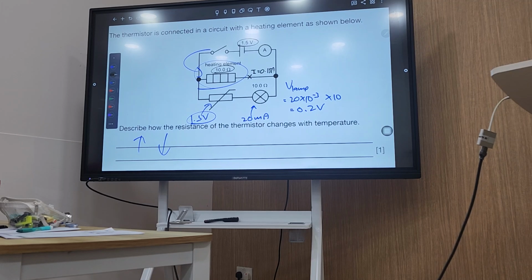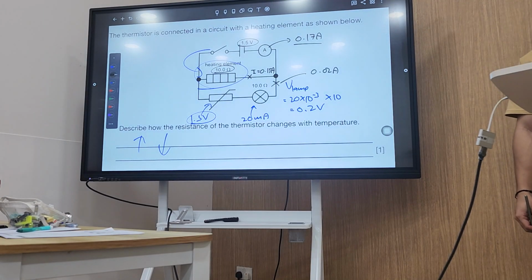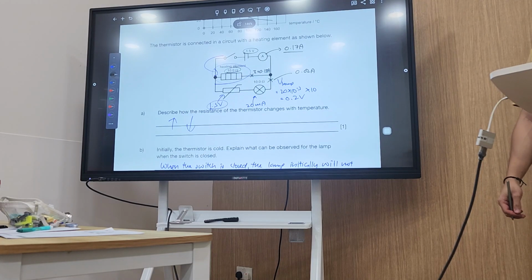So this one experienced 0.15. At this point X you experience 0.02 amperes, so that means your ammeter reads 0.17. Is that okay? Good.